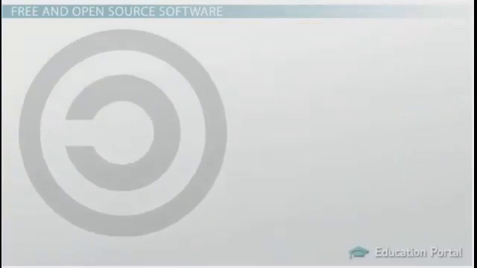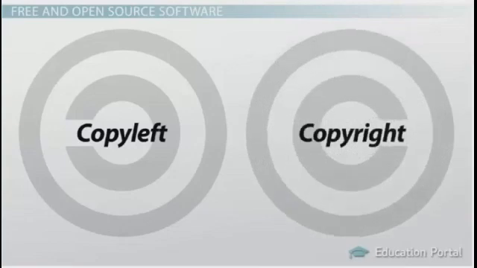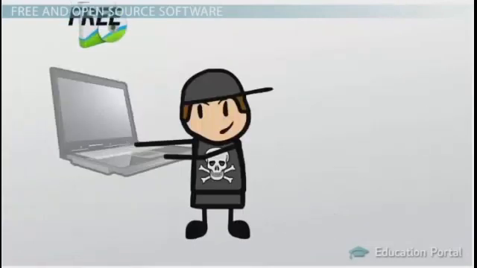The license for most open source software uses what some have called copyleft. This is a play on the word copyright. To understand what this means, it is worth considering how open source software could be misused by someone. Consider that anybody can download, modify, and distribute open source software.